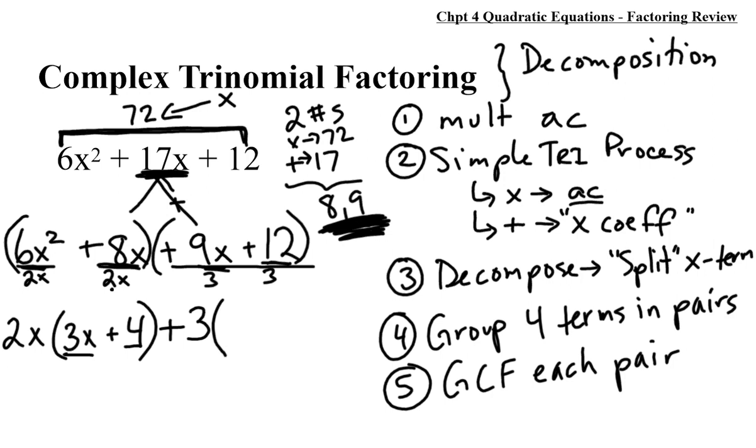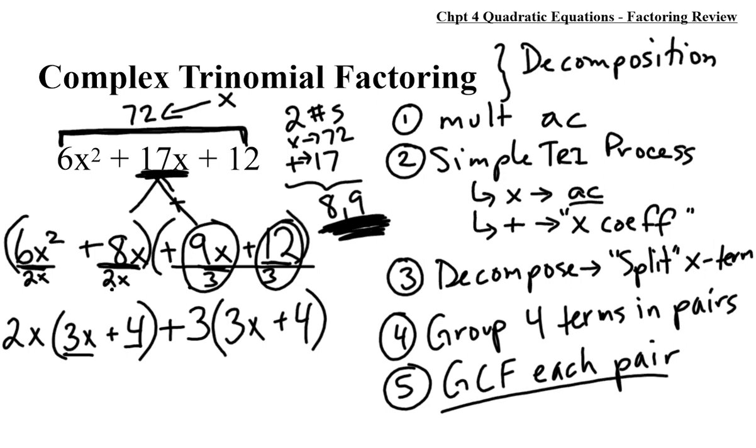9x divided by 3 becomes 3x. 12 divided by 3 becomes a 4. So there's the GCF of each pair. And the key is, what we got left with is the same thing. This 3x plus 4 is one of our factors.